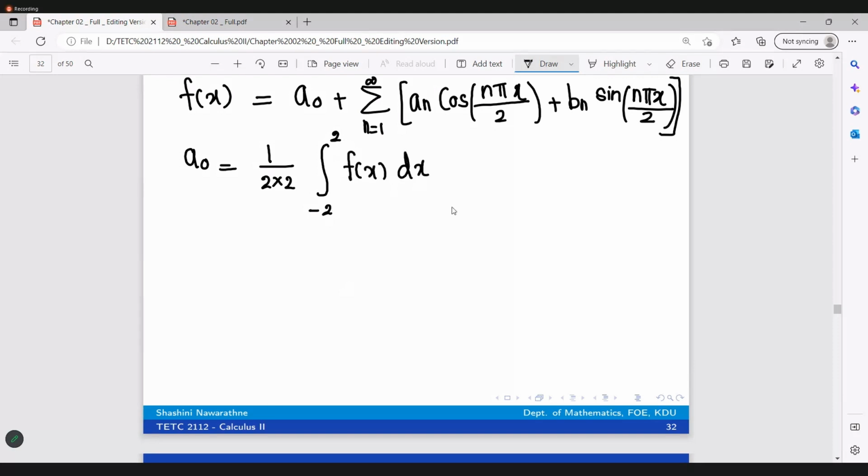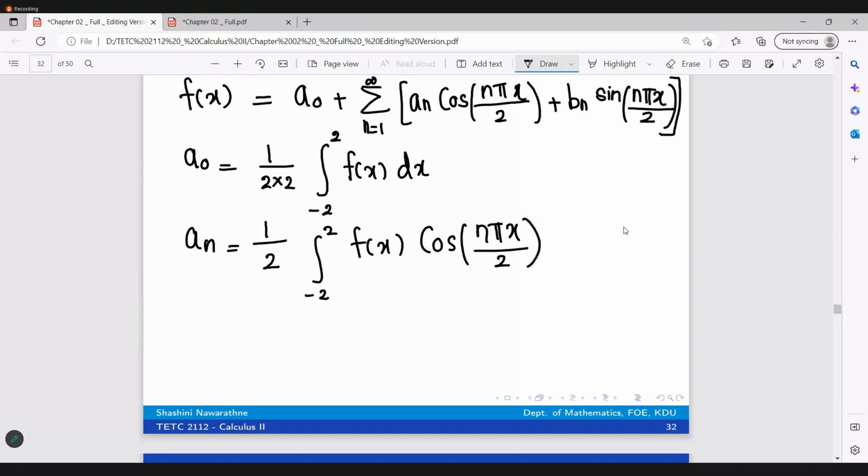We can use this expression to find the first Fourier coefficient. And A n is 1 over L, integral from minus L to L of f of x cosine n pi x over L dx.